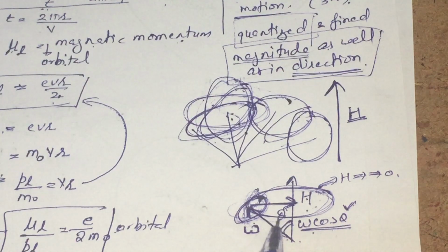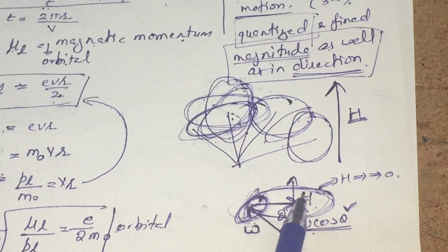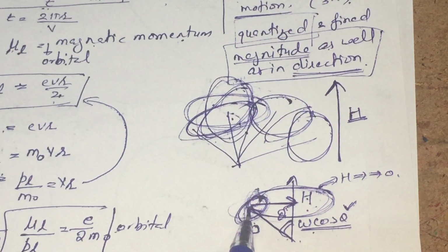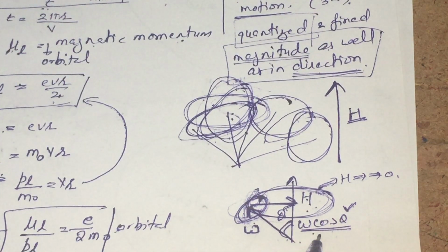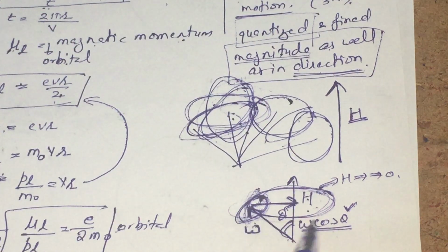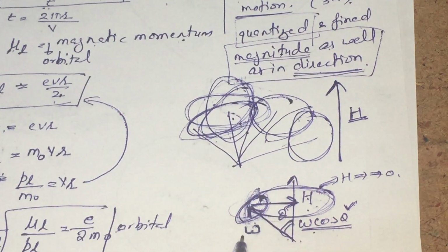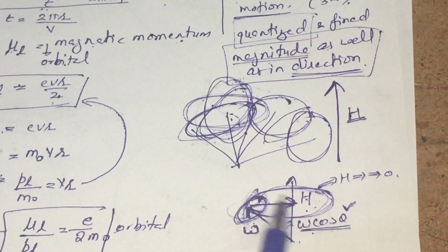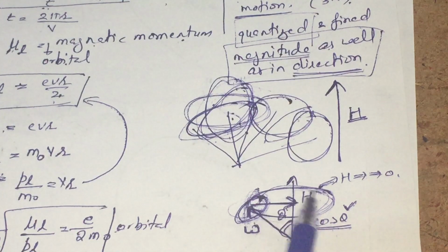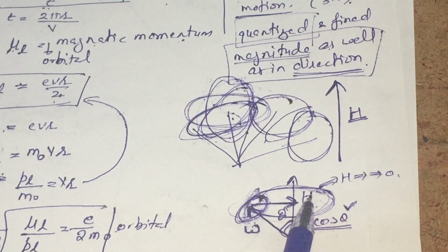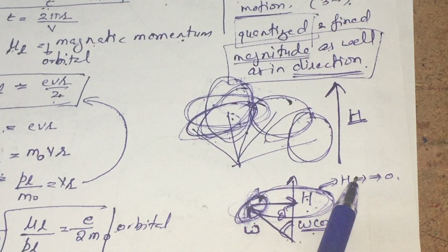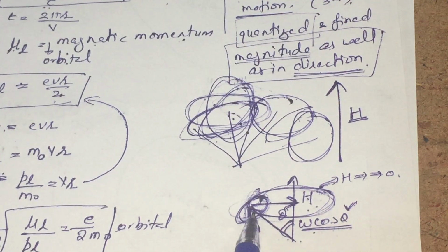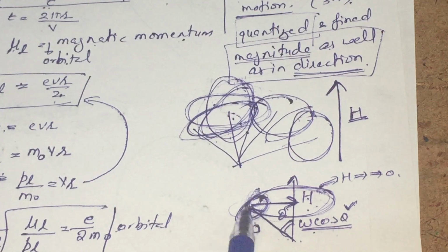With the help of the indirect method, by the application of a magnetic field, we can find out the projection of our circular path on the magnetic field, due to which it starts to precess around the magnetic field. For one orbit we have a single precession. For two orbits we will get two different types of precession, and by making the applied magnetic field zero, we can easily find out the quantized space orbit.